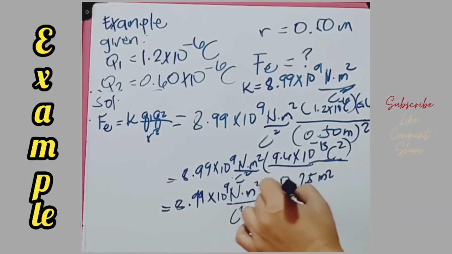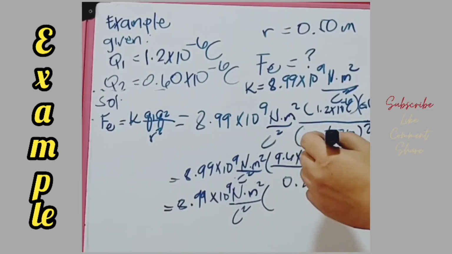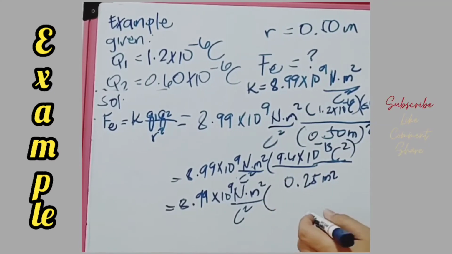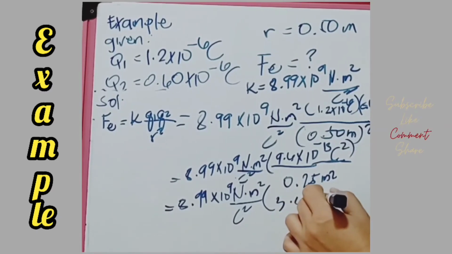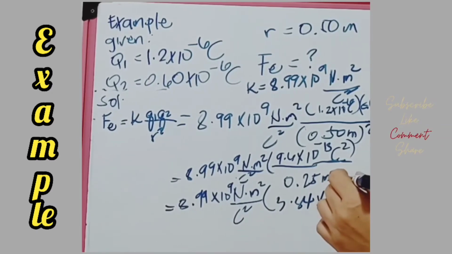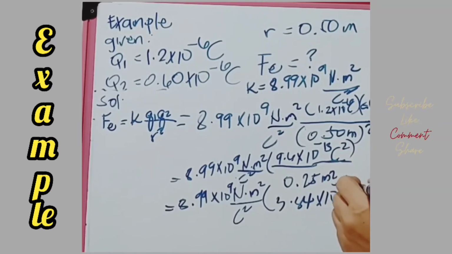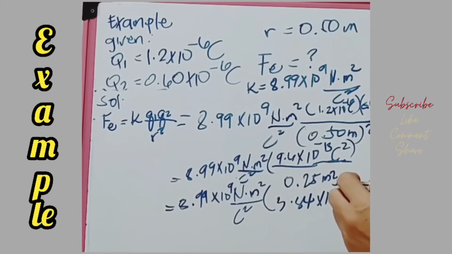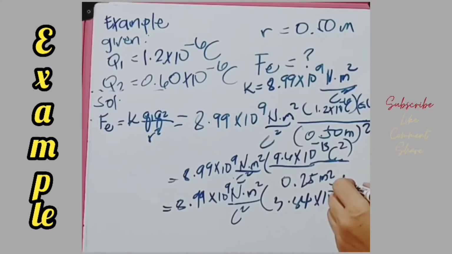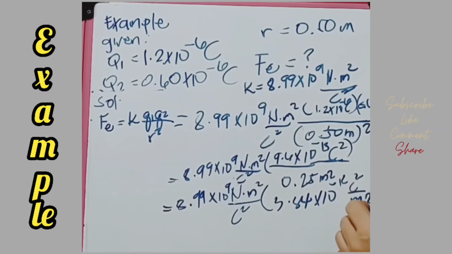Times 9.6 times 10 raised to the power of negative 13 over 0.25 is equal to 3.84 times 10 negative 12 C squared over m squared.